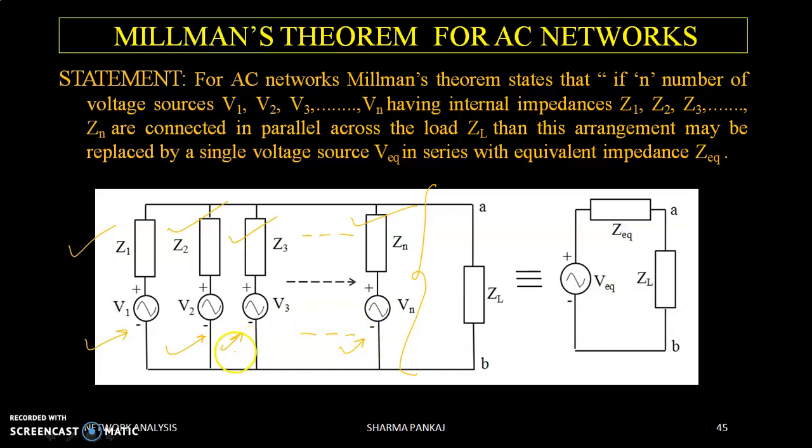These are connected in what manner? These are connected in parallel manner. You can see, these are connected in parallel manner. See this. This point and this point is common.